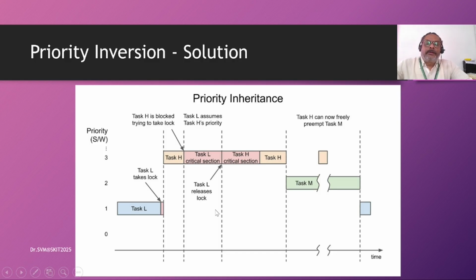Until then it will continue at the low level only, and when a high level task comes in, it is preempted and the high level non-critical part starts working. And when the high level task wants to enter the critical section, which is not possible, we realize that until this low level priority critical section is finished, we cannot continue into the critical section of the high priority task. Therefore, elevate this to high priority, complete this task, and then take up the other one. So that is another way of solving this problem.